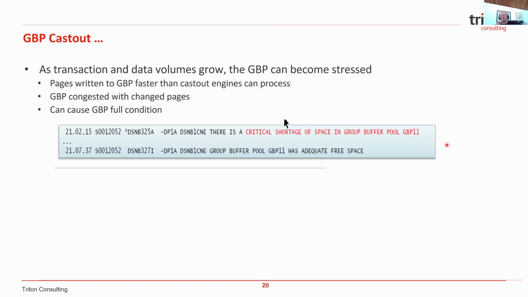So the reason for implementing that group write-around feature was to try and reduce the number of instances of the DSNB325A and to reduce the time gap, should they occur, between the DSNB325A message and the DSNB327I message saying the condition has been relieved.